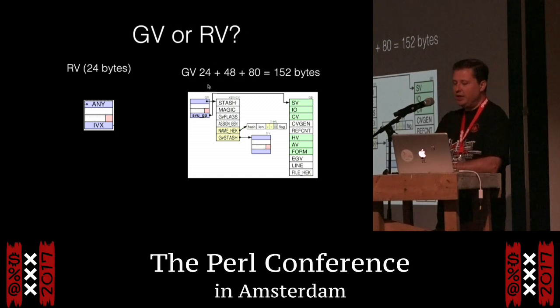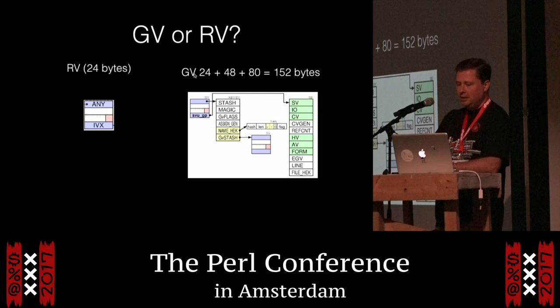if you were using GVs, you would have to allocate the base GV, which is an SV structure, so that's 24 bytes. Then most SVs have an ANY structure which stores additional information. And then for a GV, it actually also points off to a GP, which is actually storing all your slots.